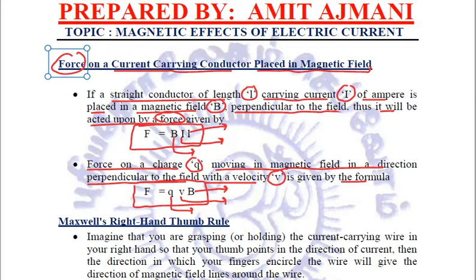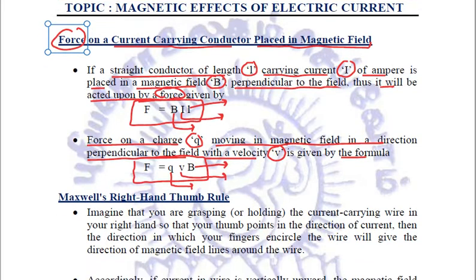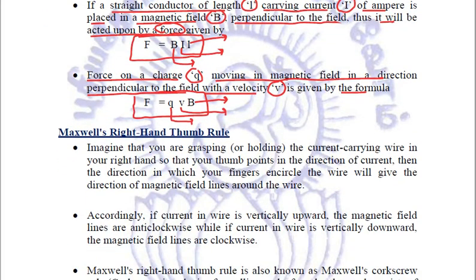Clear? So these are the two formulas for calculating the force on a current carrying conductor placed in a magnetic field.